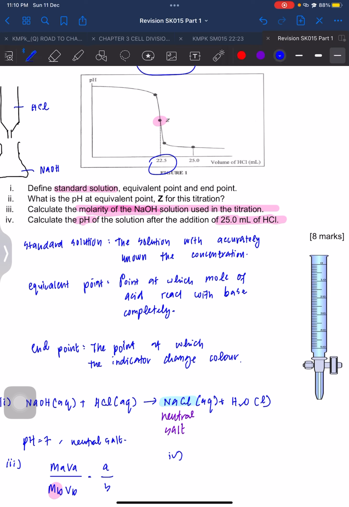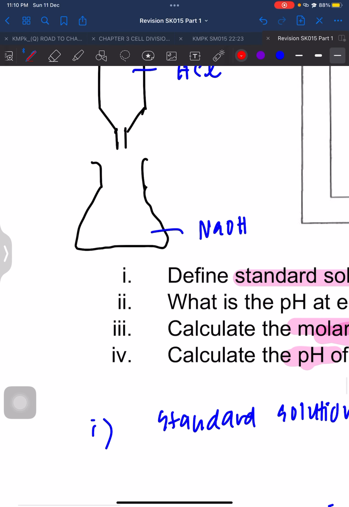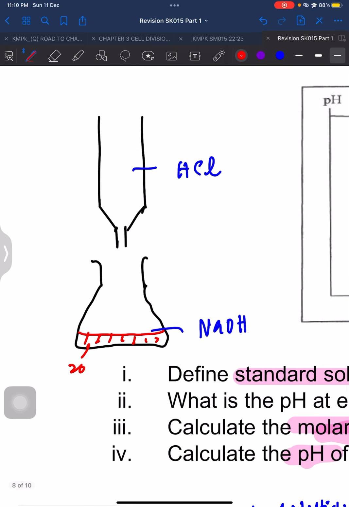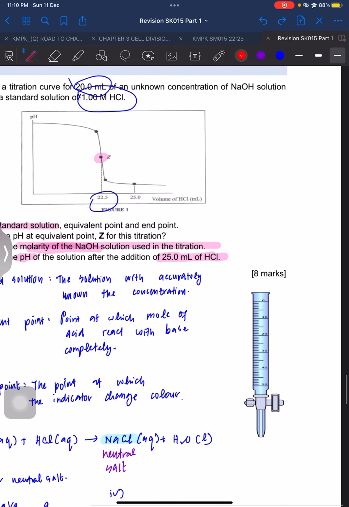Lepas tu kita tambah lagi sampai kita punya volume 25 punya volume untuk acid. Maksudnya kita titrate acid ni. Okay, ini kita dah dapat sini 20. Lepas tu kita tambah lagi ke dalam this analyte. So basically, kalau kita tengok, ni ramai orang akan pening.